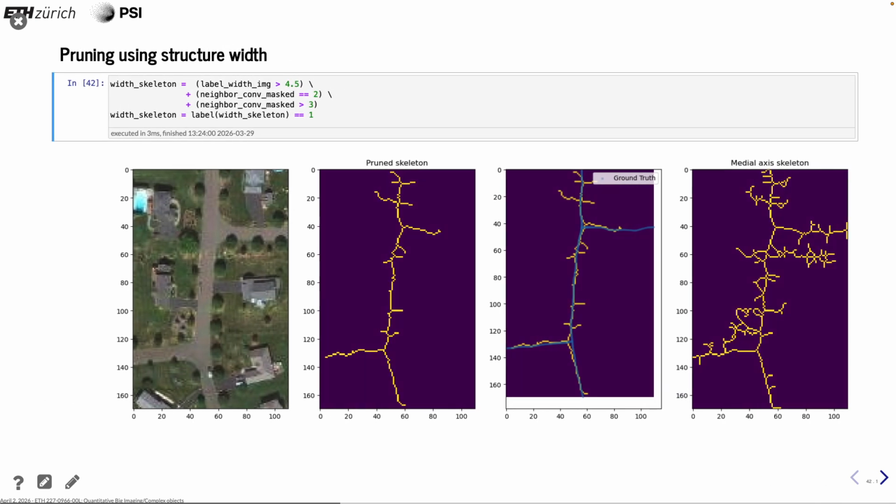And here we have the structure width, and that starts looking really good. We even got rid of the loop. So this is getting better. And if we compare this one to the original medial axis, we are really close to what we want to have. So this is good.